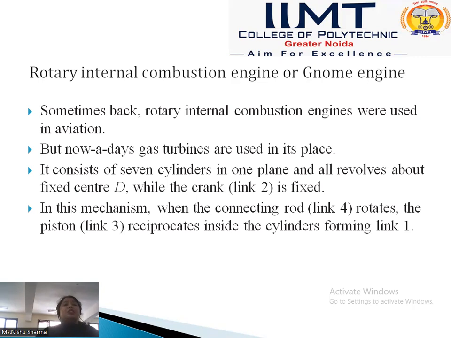The necessary condition for the rotary internal combustion engine is that an odd number of cylinders is used in one plane, and all revolve about the fixed center D. In this diagram we see seven cylinders in one plane around the fixed center D, while the crank, link 2, is fixed. In this case too, the turning pair is fixed.